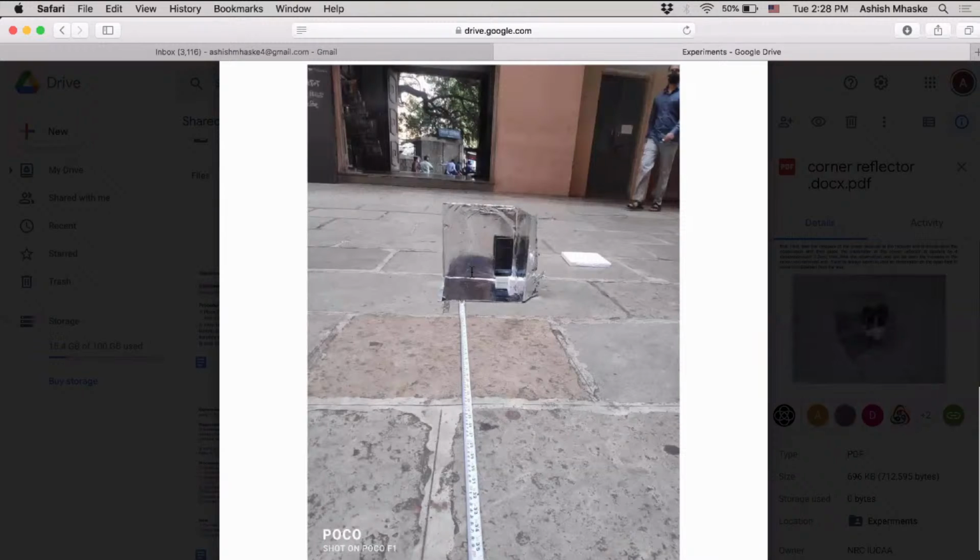And also, as Desh mentioned, if you can move this setup around and measure the received power and the angle, then you can plot the response of this antenna: how it radiates, in which direction you get more radiation, and in which direction you get less. That basically forms the response of the antenna. Okay, thank you.